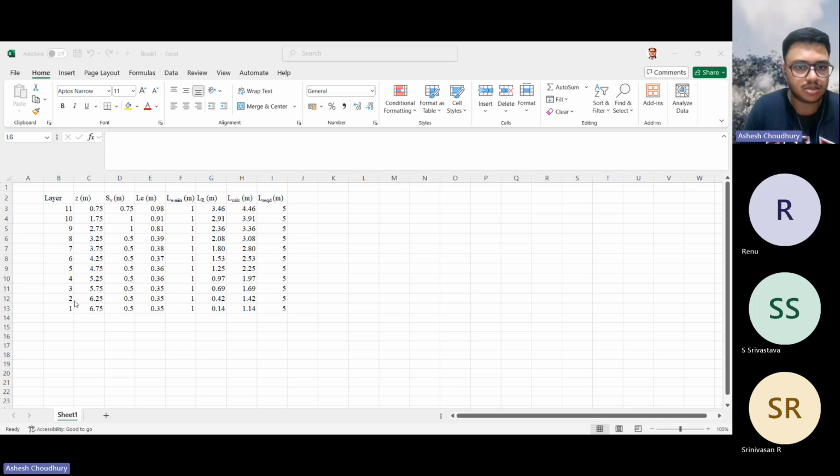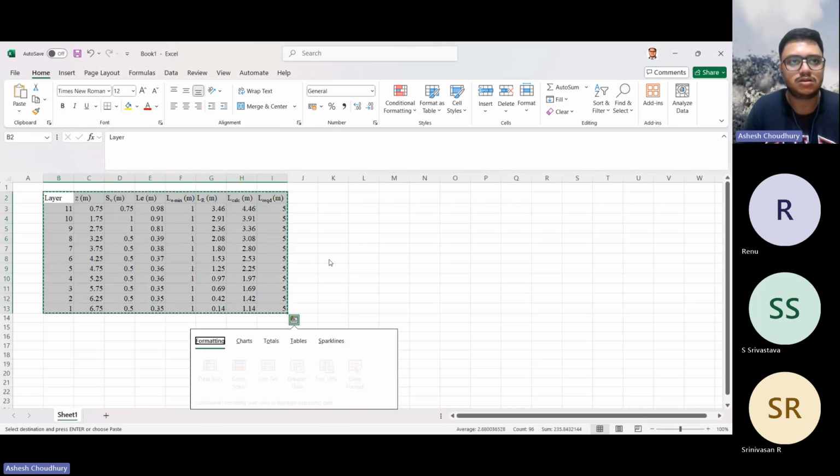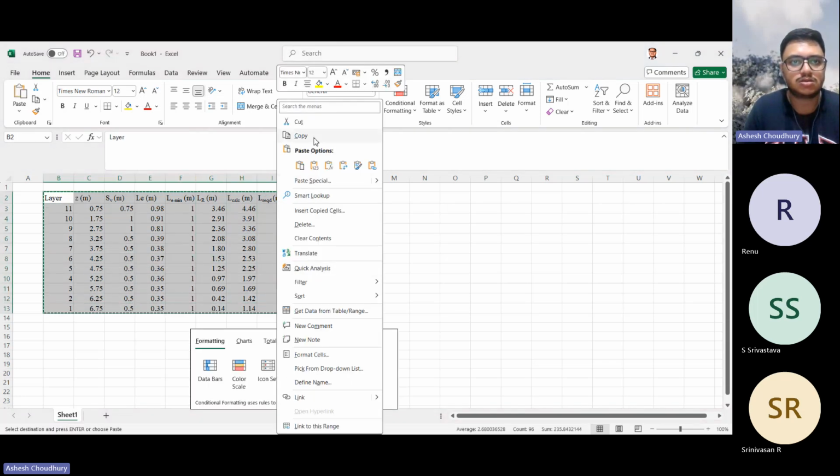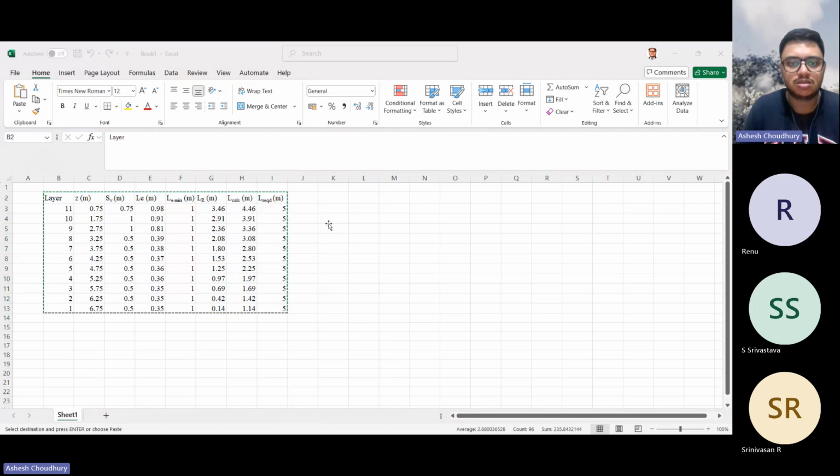Just copy it there so that it's easier for you to look at later. I'll just copy this table. Just copy this. Paste it. Okay, we're done.